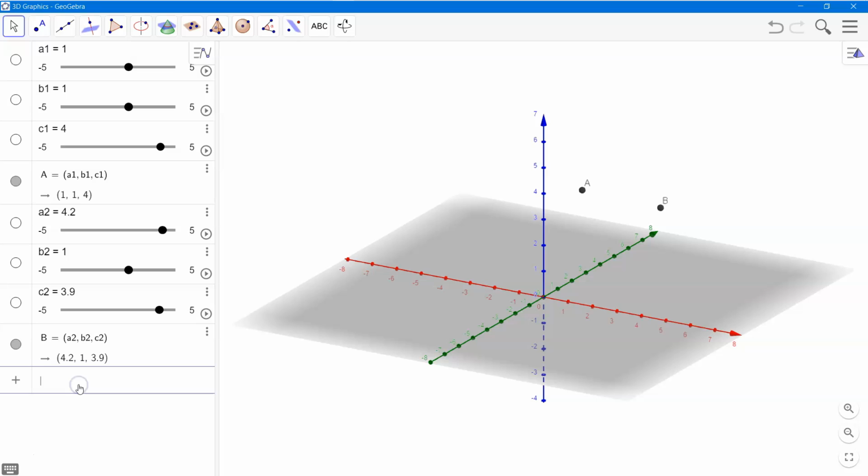Now we want a line which passes through these 2 points. So remember this equation? Here, instead of x1 and x2, we have a1, a2, a1.